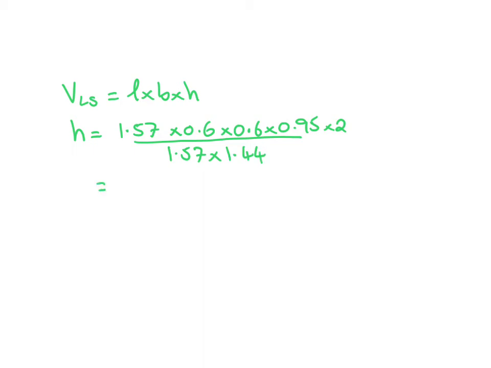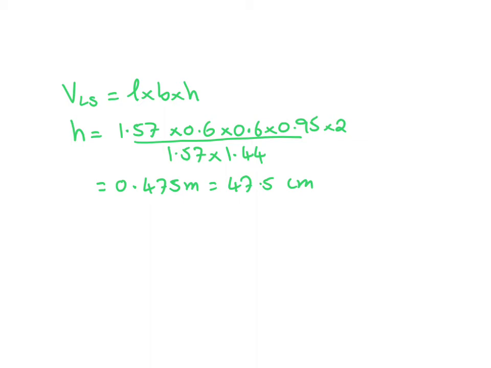Now if you do the simplification, you land up with 0.475 meters. Change it to centimeters, 47.5 centimeter. So the height of the water left in the sump is 47.5 centimeters.